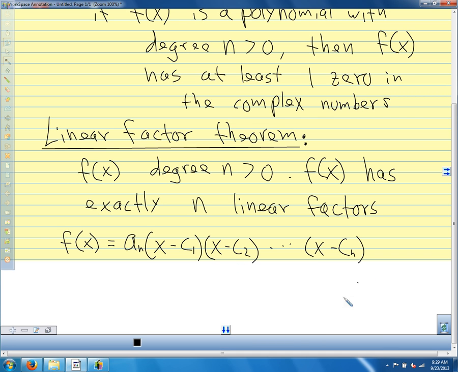So we can completely factor any polynomial, and c1, c2, c sub n are complex roots.